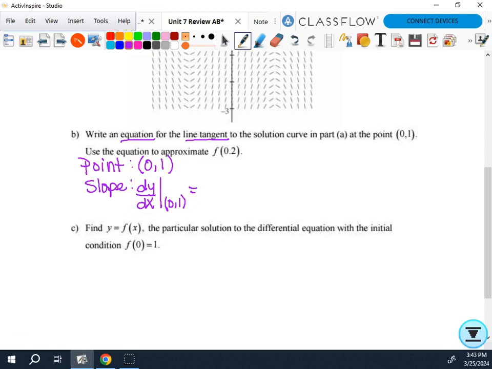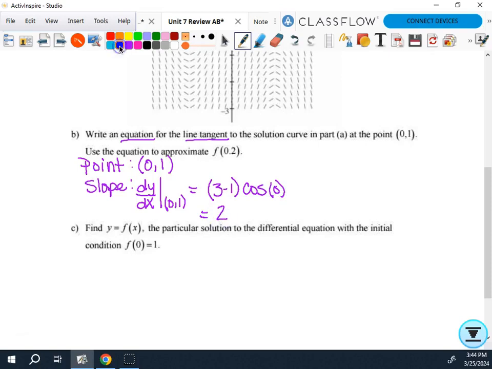So I'm going to substitute that in. It's going to give me 3 minus 1 times the cosine of 0, and 3 minus 2. Cosine of 0 is 1, so I get 2 right there.